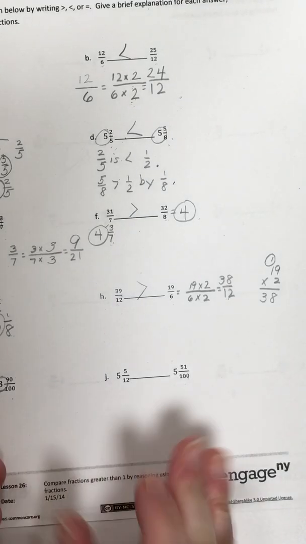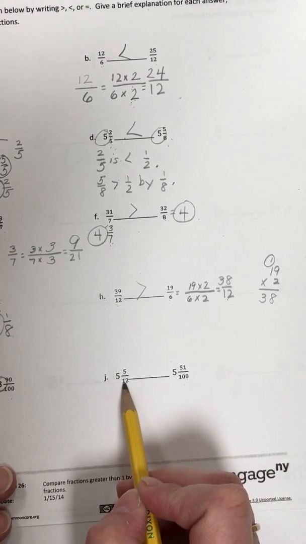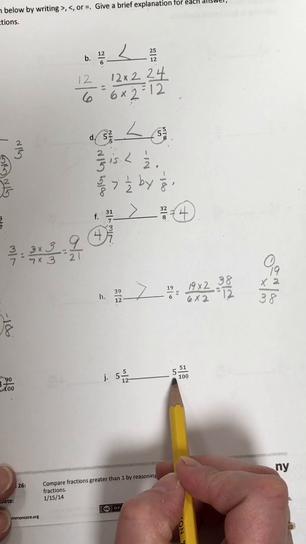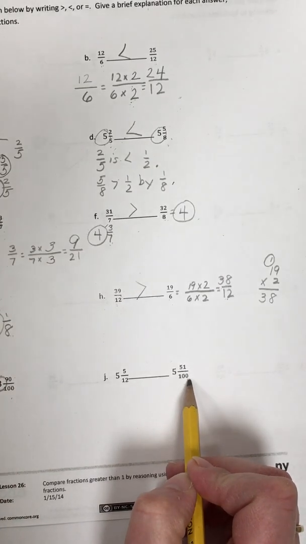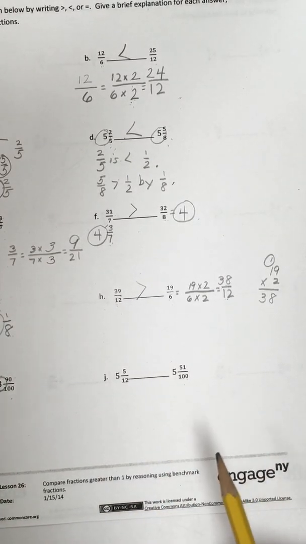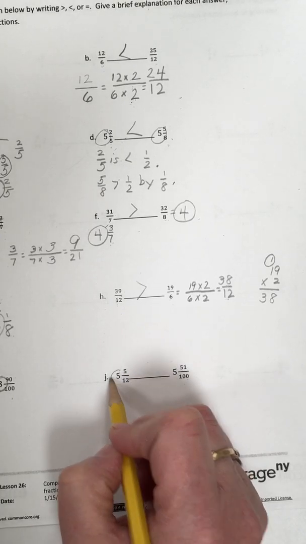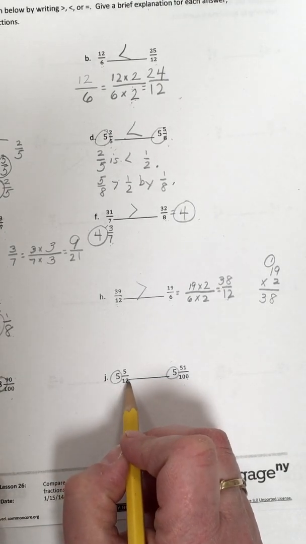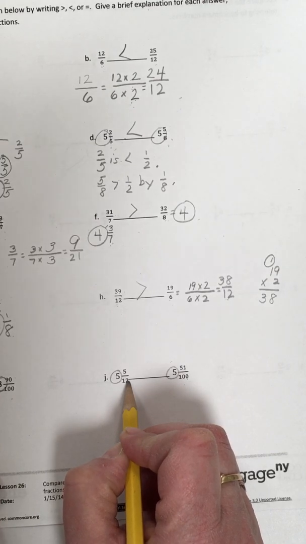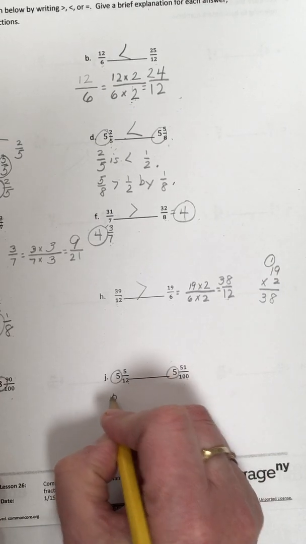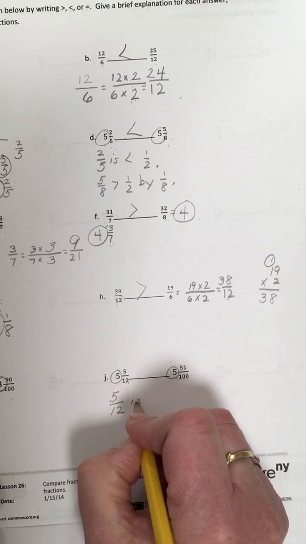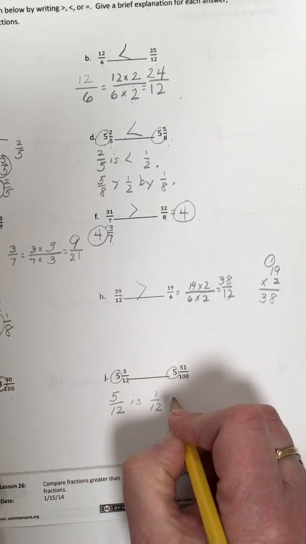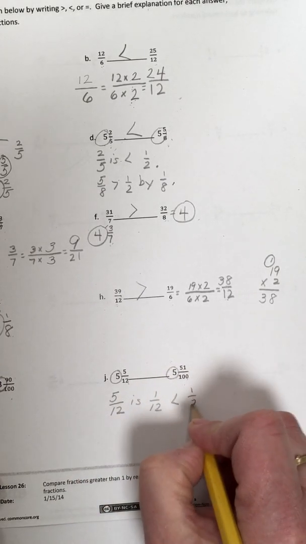And J, I have 5 5/12ths compared to 5 51/100ths. If I use my whole numbers, they're the same. If I look at the fractions, the easiest for me would be to use my half benchmark. Half of 12ths is 6. So 5/12ths is 1/12 less than half.